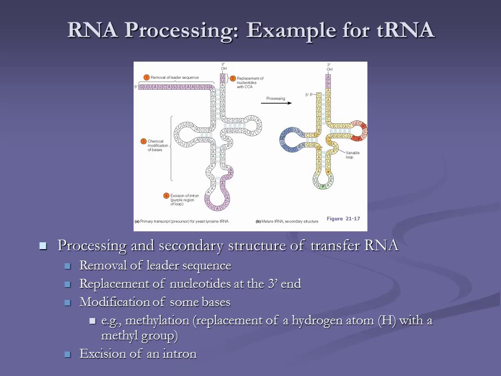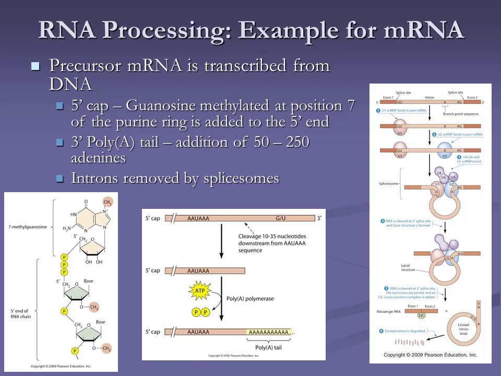So it's protecting. We refer to that methylation for our tRNA, but we also see it in other RNA. Our messenger RNA, for instance, has a 5' cap at the 5' end. The cap on the guanosine is where we methylate that region. That's going to prevent degradation from the 5' end.